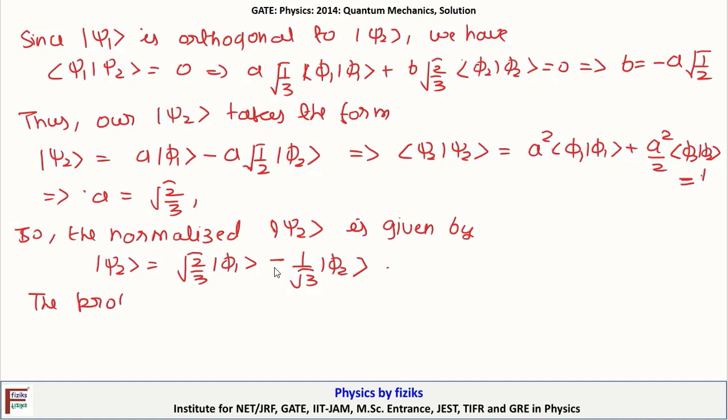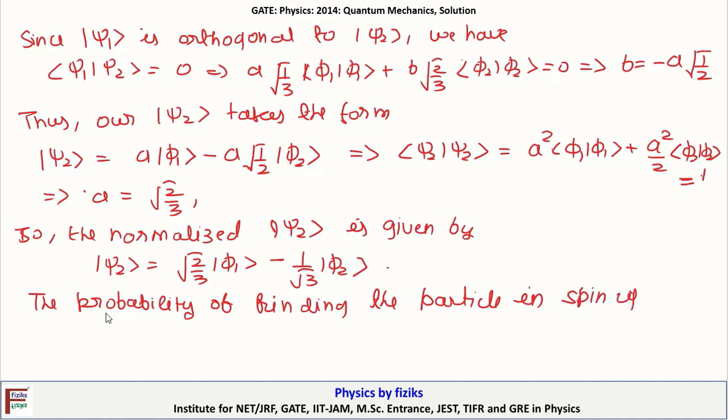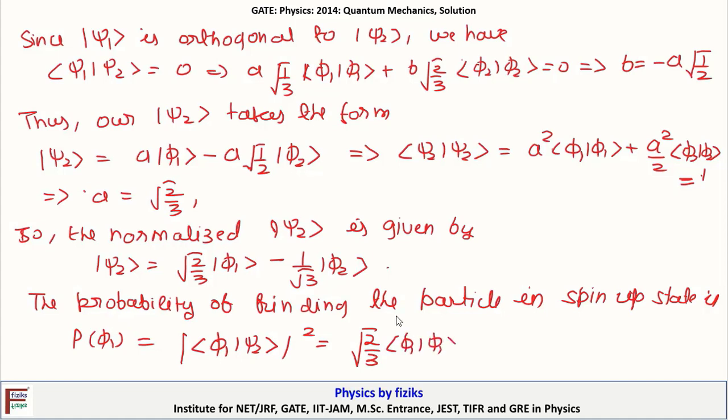The probability of finding the particle in spin-up state, that is P of phi 1, equals mod square of <phi 1|psi 2>, which would be root 2 by 3 phi 1 square, that is 2 by 3.